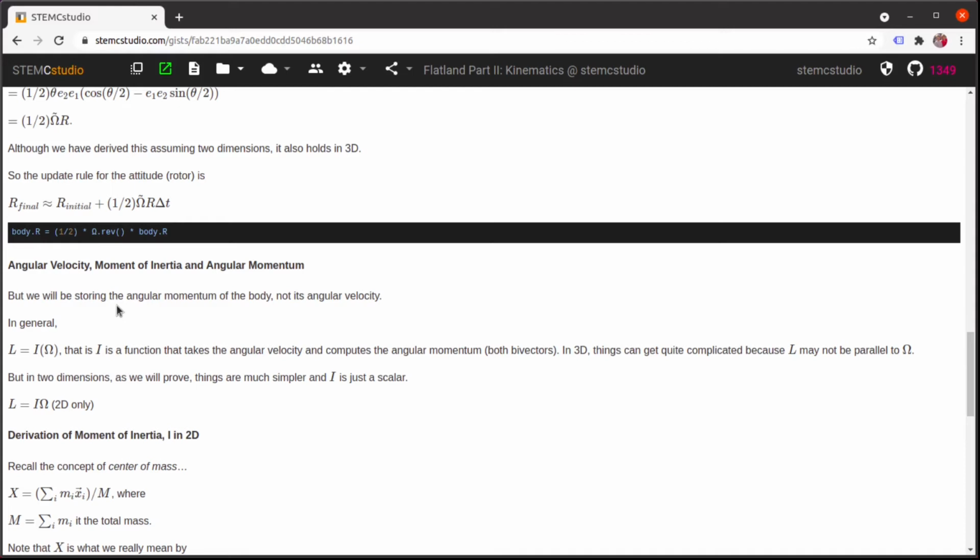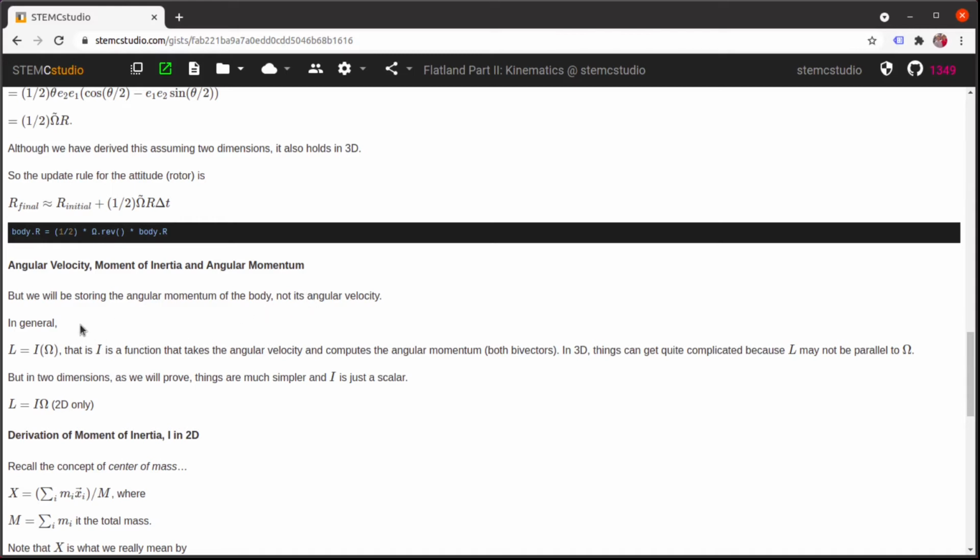And the reason for that, again, is that the rate of change of angular momentum is going to connect to the torque that we apply to the body. So it's fairly arbitrary which one you use, but I think you can think of the momenta as being a little bit more fundamental, I suppose.